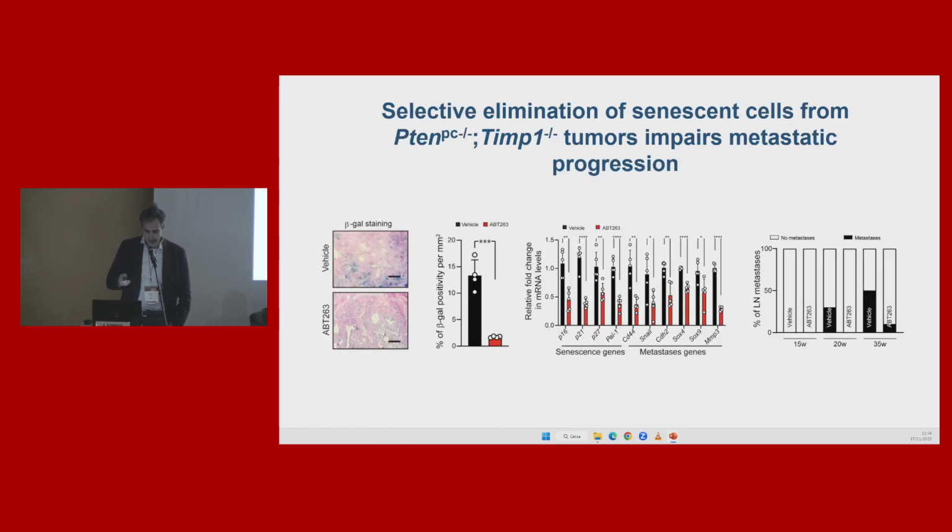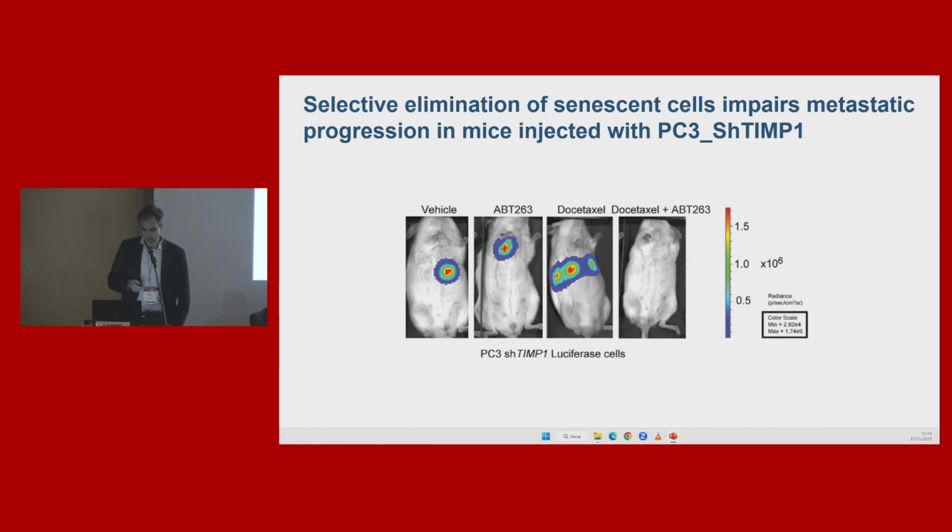But once again, elimination of these senescent cells in two different models, including a humanized mouse model in which PTEN and TIMP1 are deleted in the PC3 cells, is again able to prevent metastatic spreading.